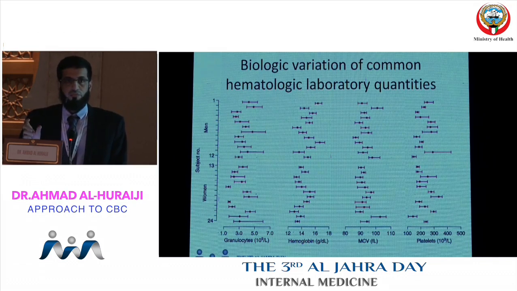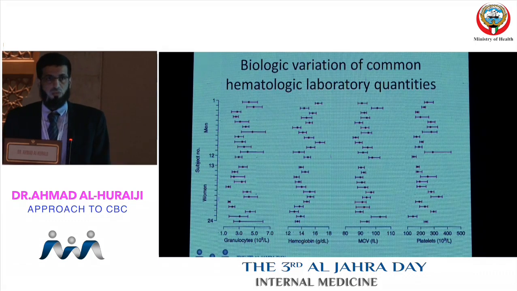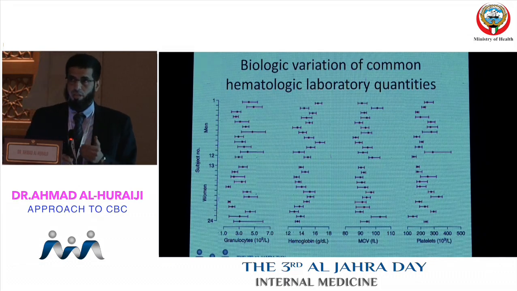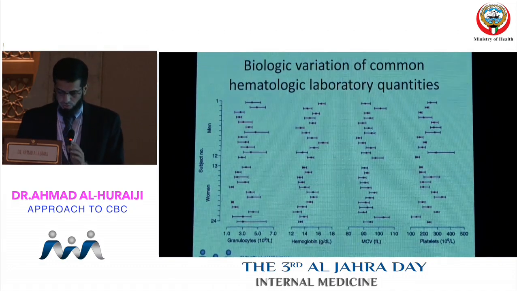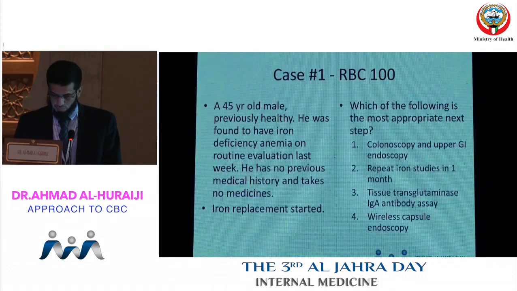The reference range in the CBC encompasses 95% of all healthy individuals, so sometimes the remaining 5% will be either higher or lower than the reference range. We'll go over this in a minute.